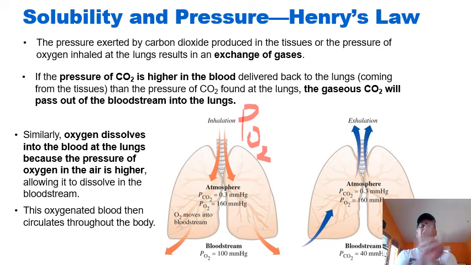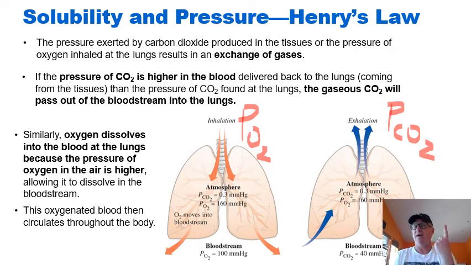Now the very opposite happens when you breathe out again, because as you breathe out, the partial pressure of the CO2 in your blood is now higher than the atmospheric pressure. The atmospheric pressure of CO2, even though it's going up constantly, is much, much lower than it is in your blood as you're breathing out, because that's what your lungs do.